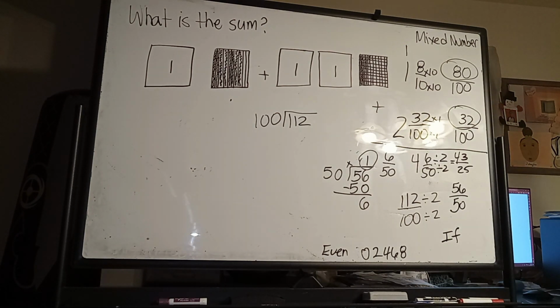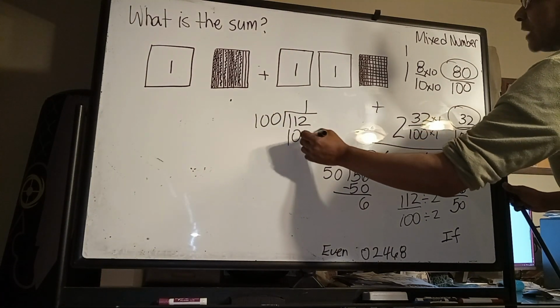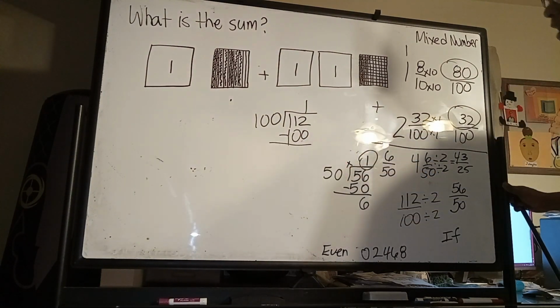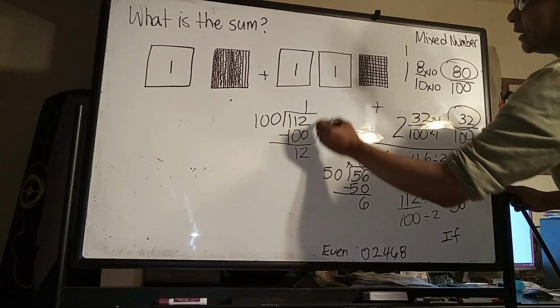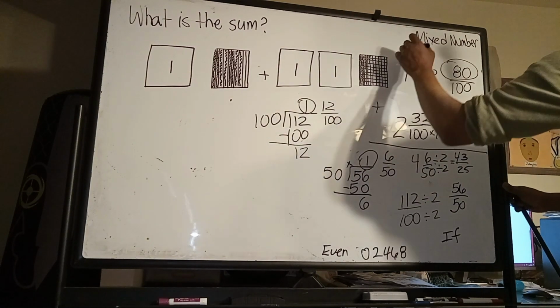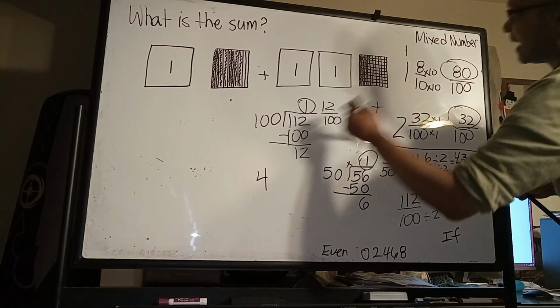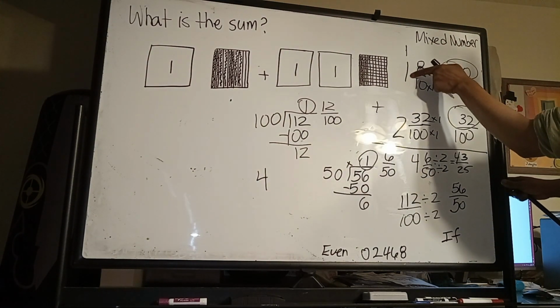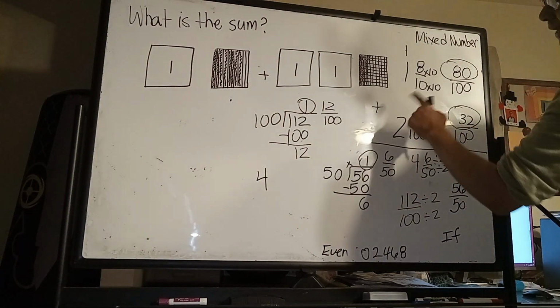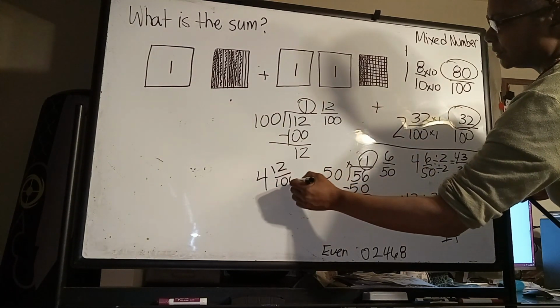And knowing that we already have 100, if we say times 2 with 100, that's already 200, which is way too far. We only can get one group of 100. So we put that 100 underneath the 112, leaving us with 12 over 100, taking the same one, adding it in, giving us then 4, because that 1 we added, 1 plus 1 made 2, 2 plus 2 made 4. That's how we got our 4, leaving us at 12 over 100.